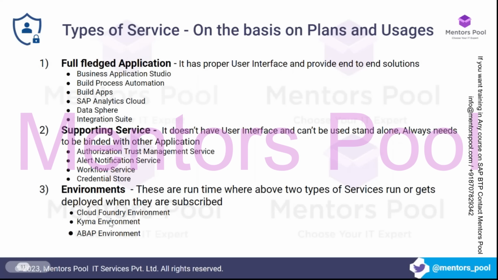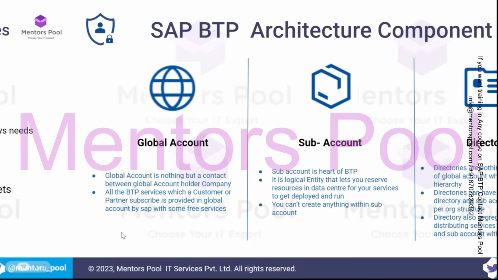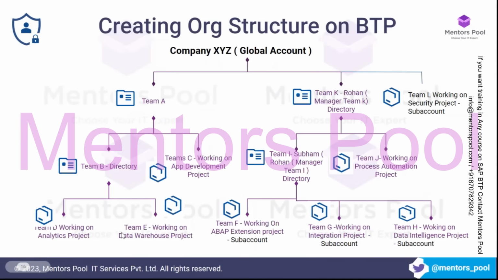Okay, environments are nothing but: you want to deploy Java code, you need a Java environment. You want to deploy Python, you need a Python environment. Here they have offered three environments: Cloud Foundry environment, Kyma environment, ABAP environment. So if you are writing code in ABAP, I'll take a figure, maybe then it will be very nice.